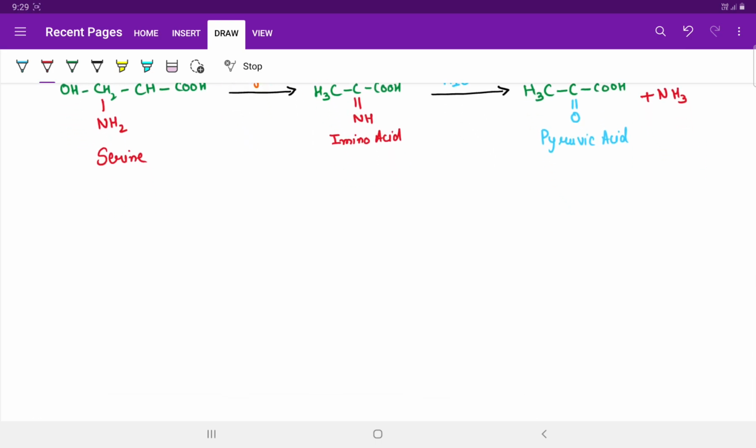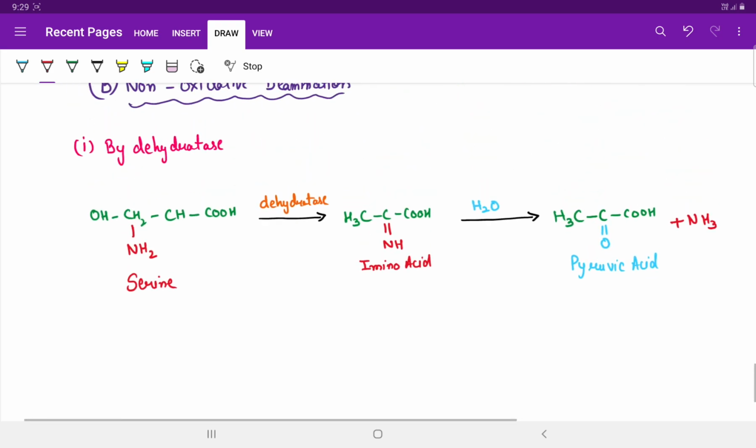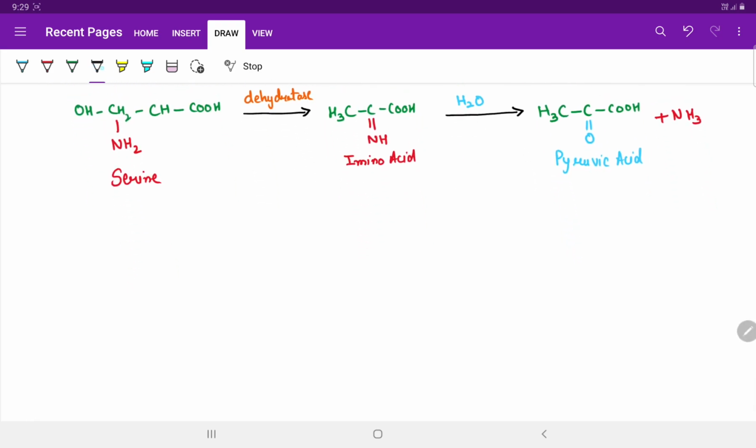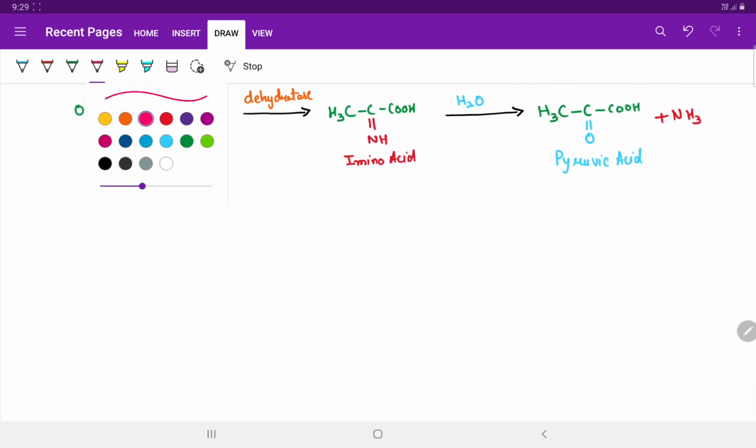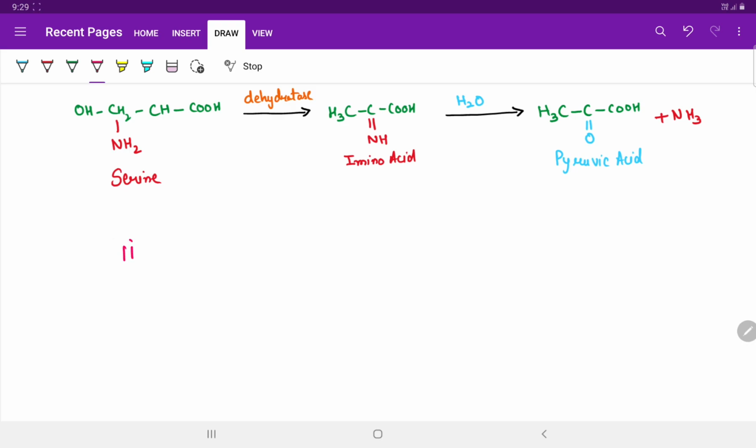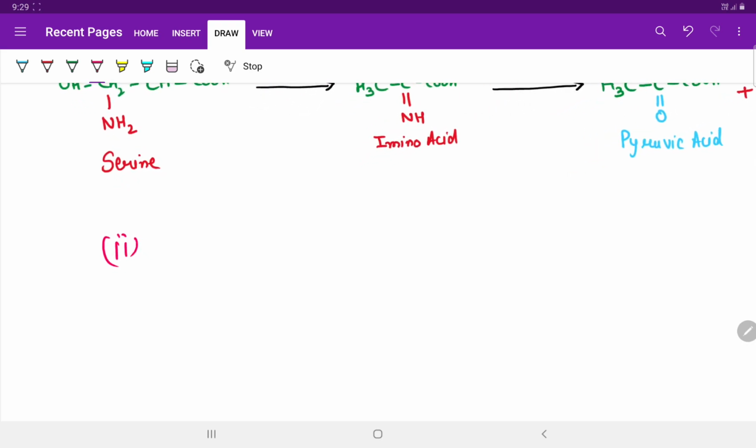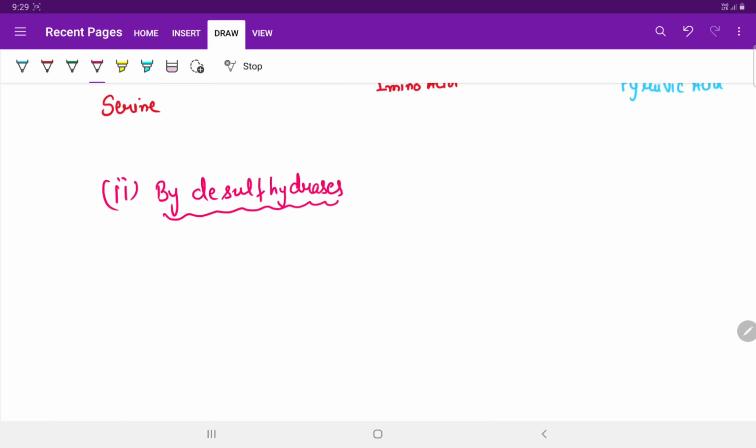Next is by desulfhydrase enzyme. So this is the second reaction, by amino acid desulfhydrase. In this reaction we shall be considering the sulfur containing amino acids.